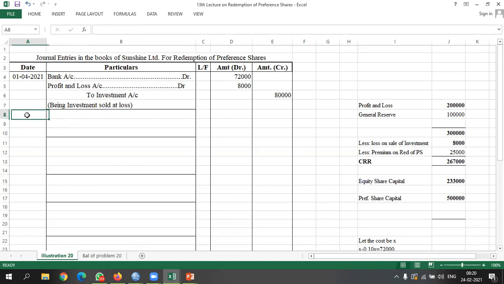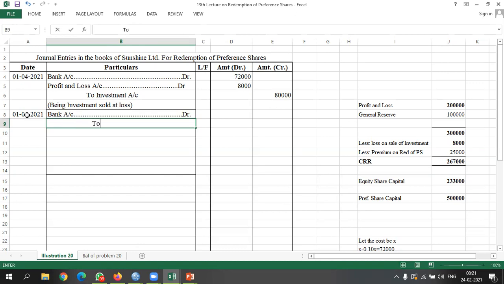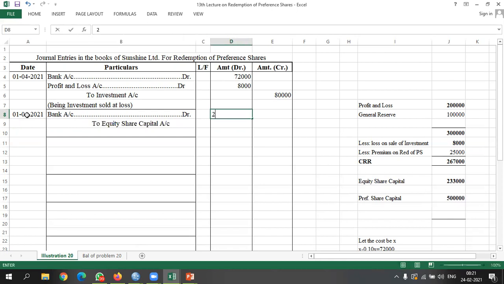So let's pass the entry of equity shares. We are going to issue at par. So here I will write bank account debited to equity share capital account. Amount is 2 lakh 33,000.